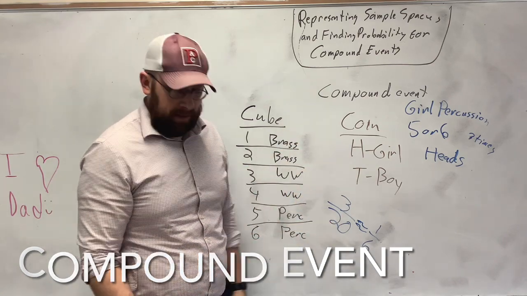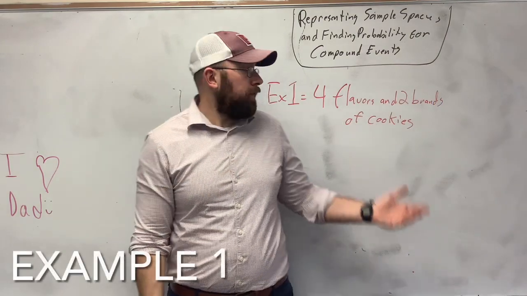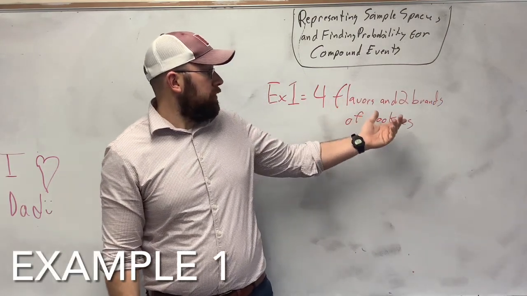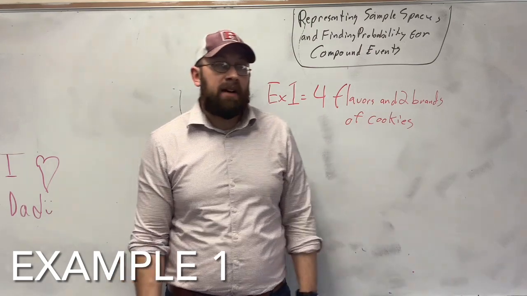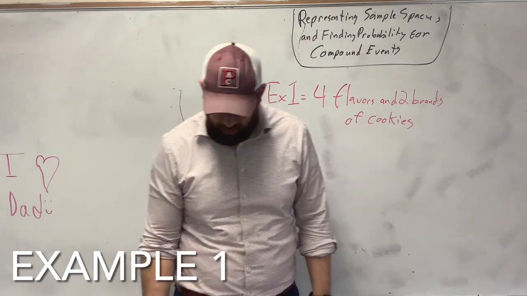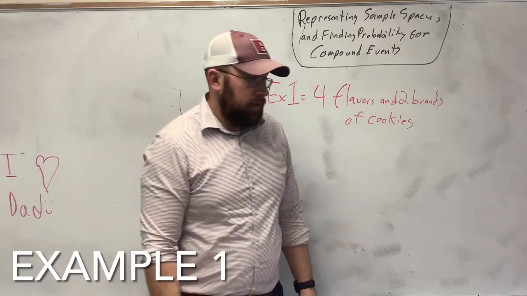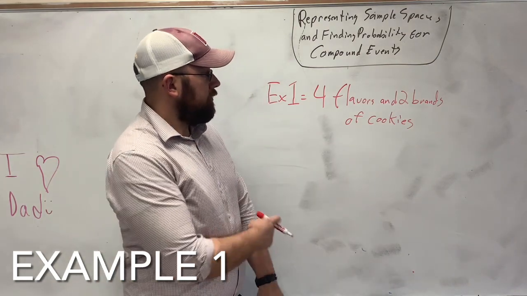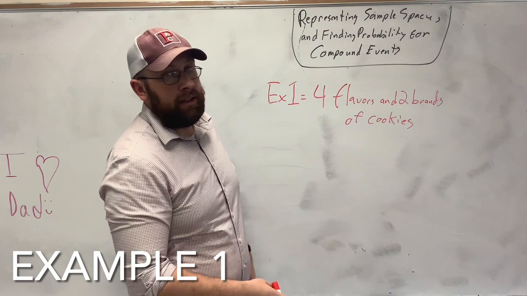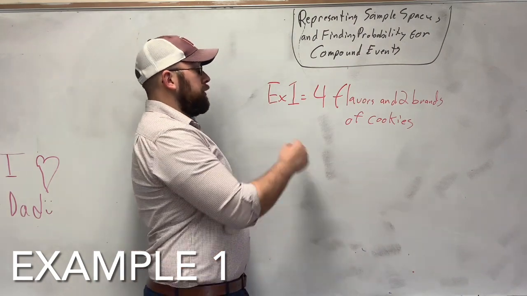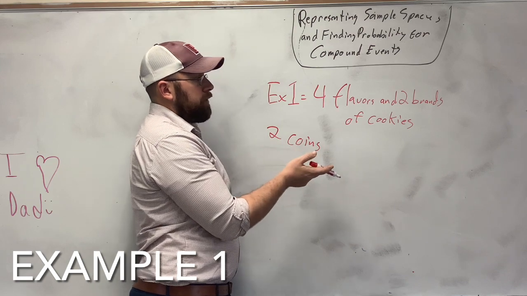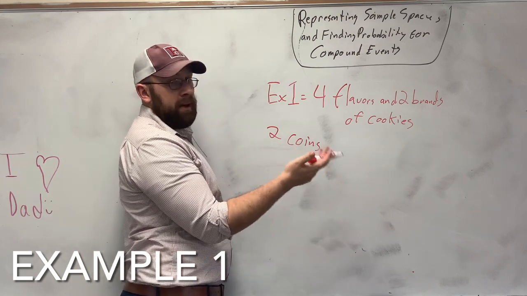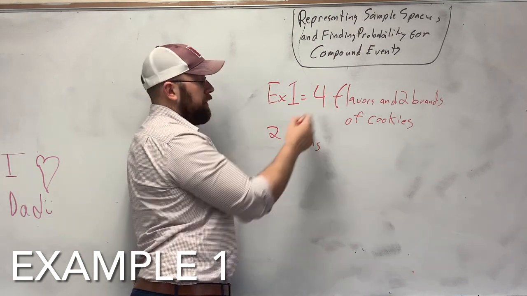I'm going to do some more examples of this. All right, for this first one, I say 4 flavors and 2 brands of cookies. What compound event can I put together to find my probability? So could I use 2 coins? No, I couldn't use 2 coins. It's not the best one to use because I have 4 and 2.